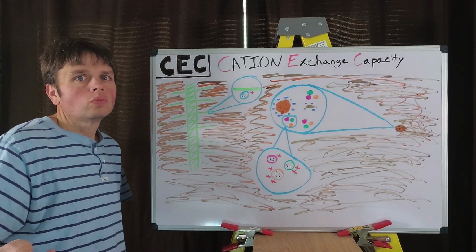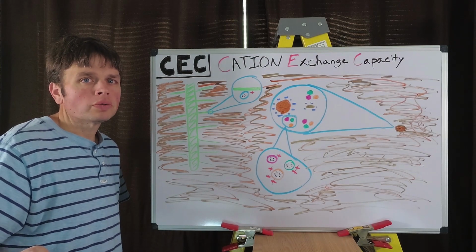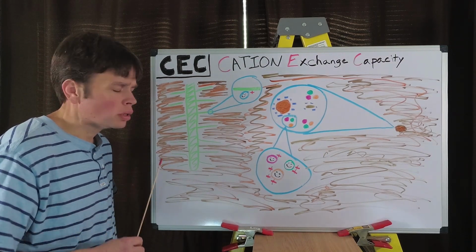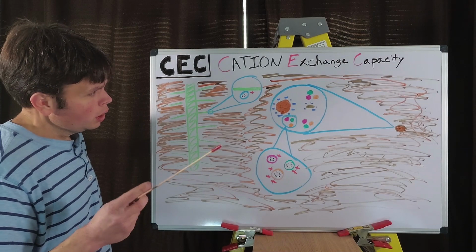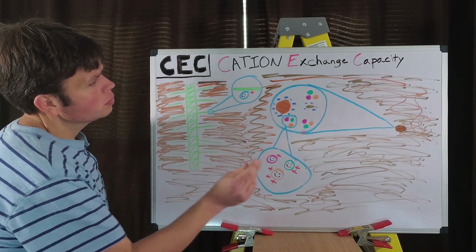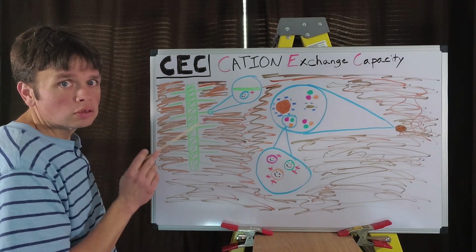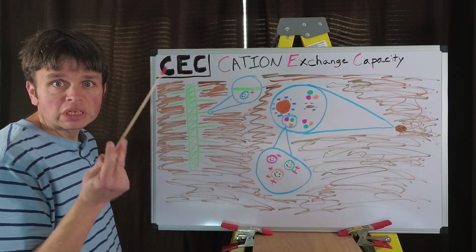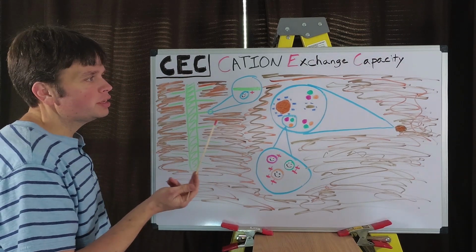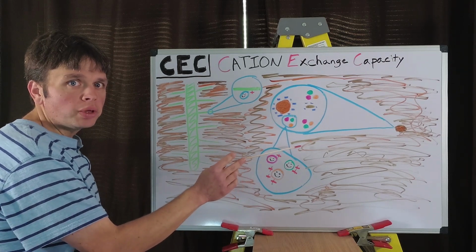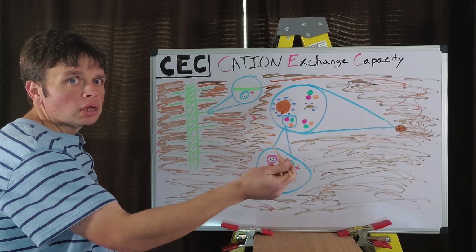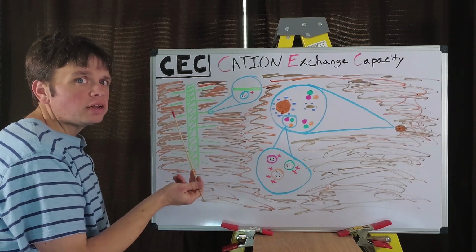So, where am I going with that? I hope I'm going somewhere. So, in order for our plant roots to be able to eat, it needs to be able to take the nutrients that we put in there and get it up into the plant.